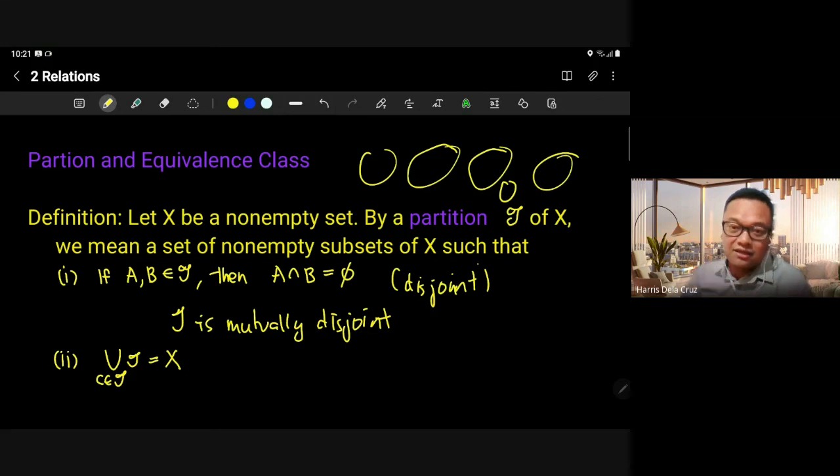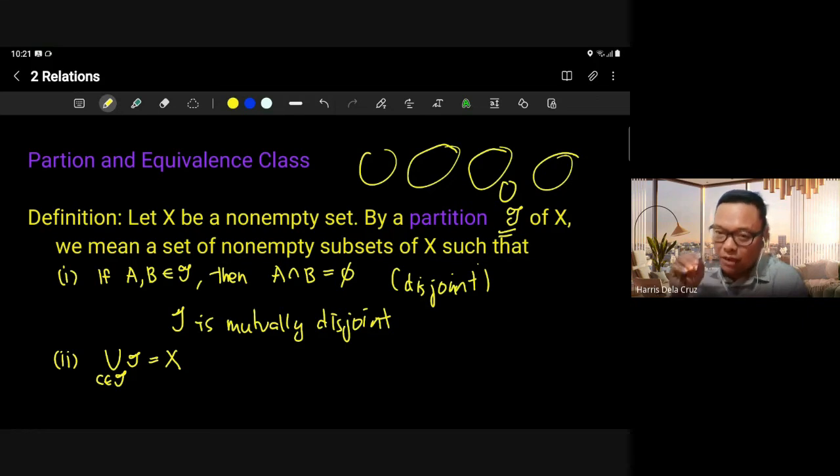And then the second criteria for it to be considered a partition of X, dapat when you get the union of these elements or these subsets, ibig sabihin element siya ng T, kasi ang T, collection siya ng sets. So pag yung mga element ng partition, kinuha mo yung union, then you get X. So the collection contains all of X. Okay? Hiwa-hiwalay siya, hindi siya nag-overlap, pero pag pinagsama-sama mo sila, buong X yung nakukuha mo.